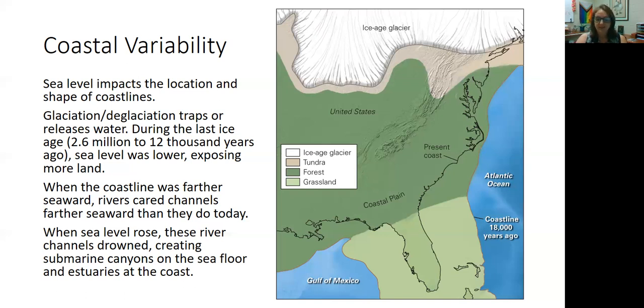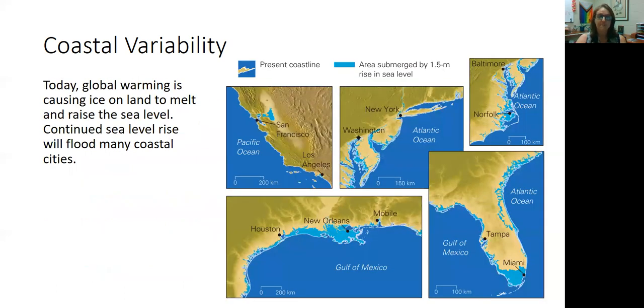So sea level has been rising since the last glacial maximum. And within the past few decades, it's been rising at a much quicker rate, at unnatural levels. The rate of sea level rise is much, much greater than it would be without the influence of humans, without us warming our climate and continuing to melt the glaciers at a faster rate.